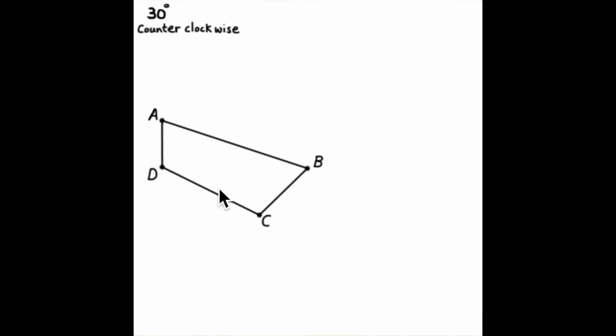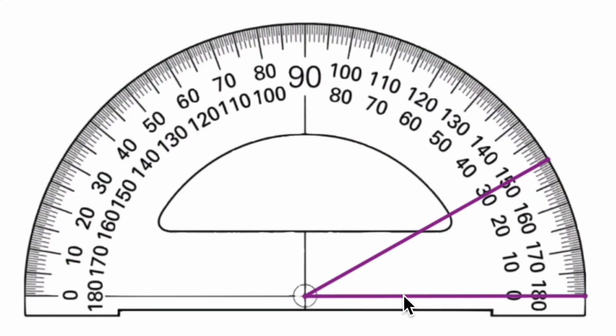And finally, we're going to rotate the same quadrilateral, but now in the opposite direction of a clock, 30 degrees. So now we're going to go 30 degrees this way. So first we need a 30-degree angle so that we can measure those 30 degrees. So again, here's that 30-degree angle right here, and I'm going to take this angle, copy it onto that quadrilateral ABCD and measure 30 degrees counterclockwise.